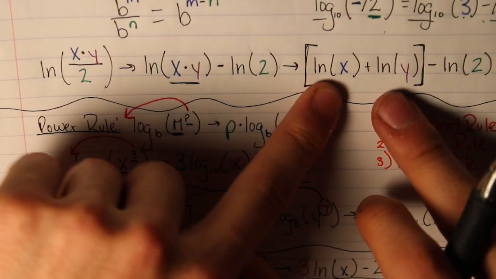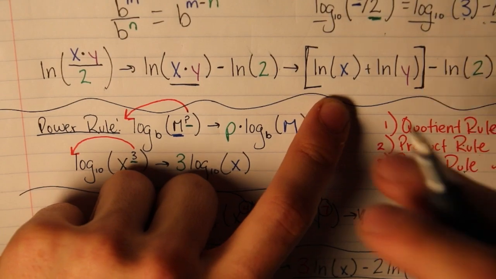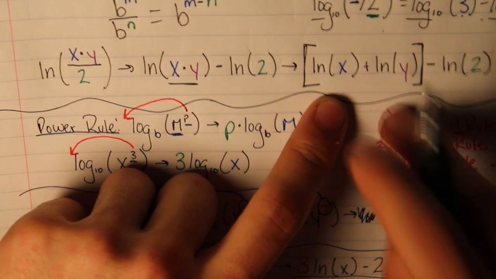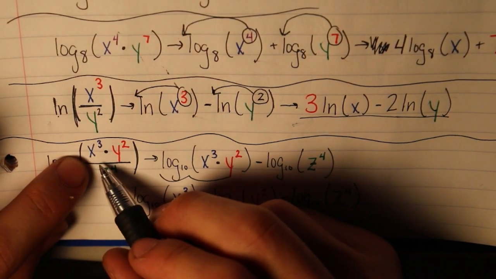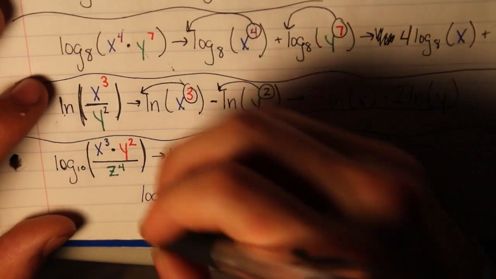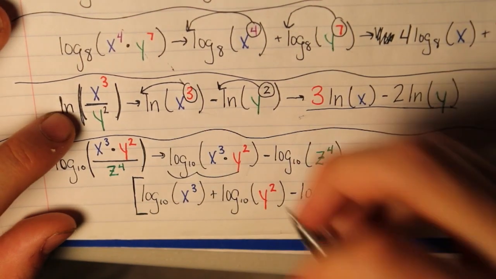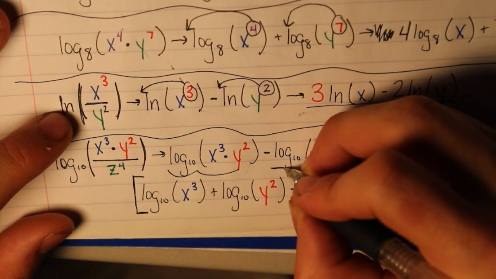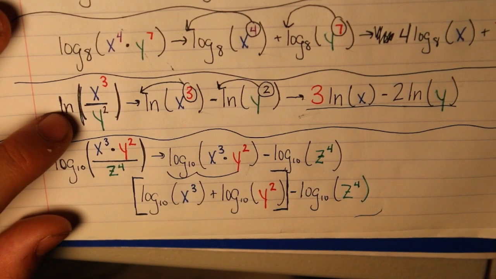Then we did our product rule to the numerator and put our brackets around them. We're going to need to put those brackets there again on our numerator. So our numerator was x cubed times y squared, so on the product rule, we're going to have our brackets around x cubed and y squared, all right?